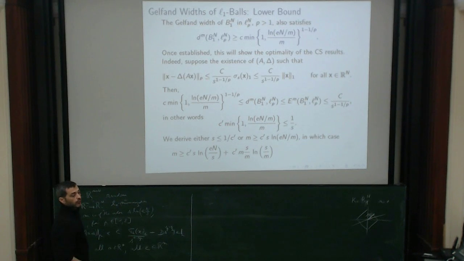It's bounded from below by -1 over e. All right, so m is larger than this term times a constant times m. Pass that on the other side, manipulate the expression a little bit, and then you get that m is larger than some other constant times s times log en over s.